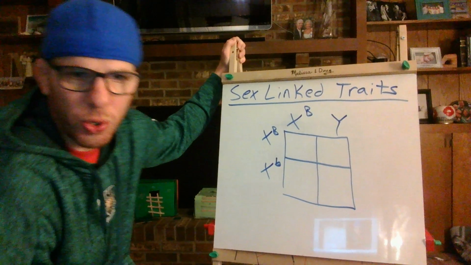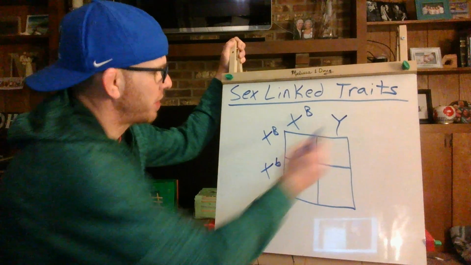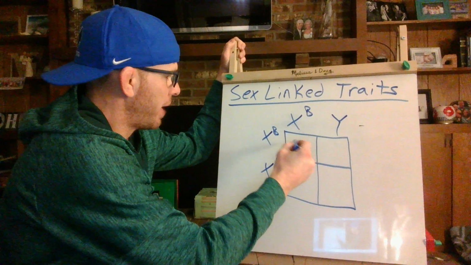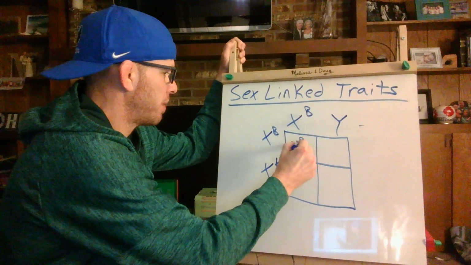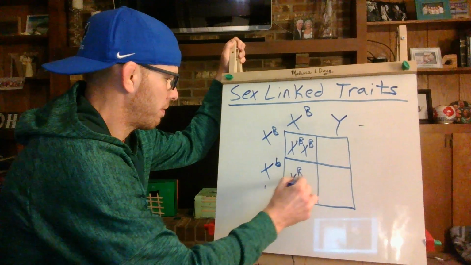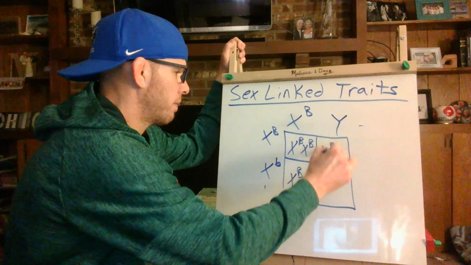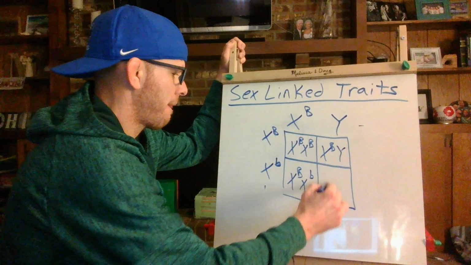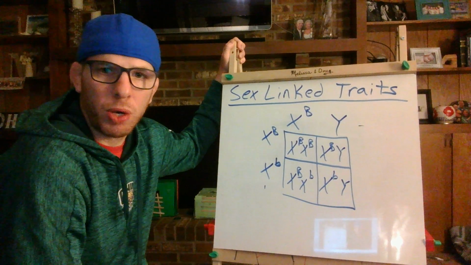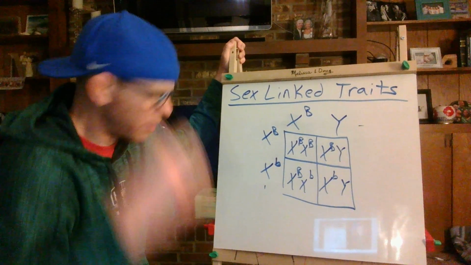So now we can do Punnett squares, knowing how to write these sex-linked traits. So this was my dad. This over here is my mom. These are the gametes that they produced. So I could carry this out: X big B, X big B, X big B, X little b, X big B, Y, X little b, Y. So what were the chances that my mom and dad would produce the bald son?